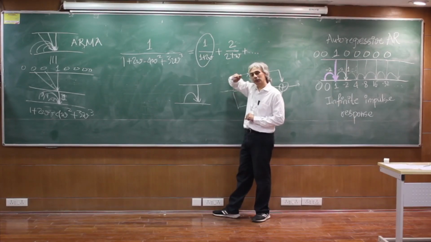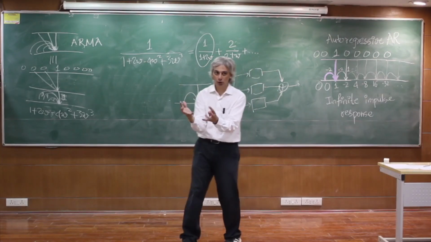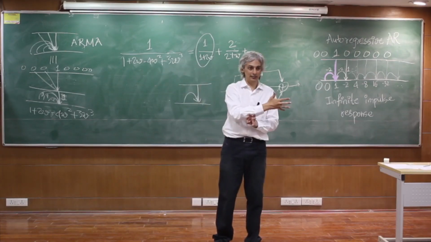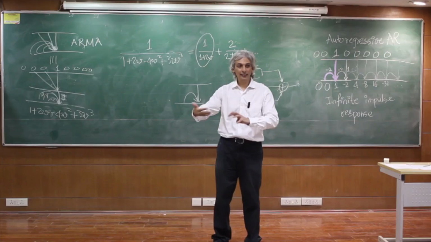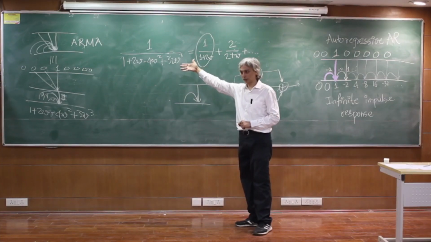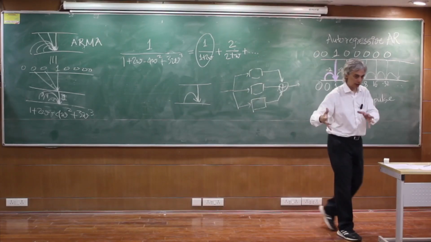And that becomes the basis of many estimation algorithms. If you want to estimate something as an autoregressive function, you actually estimate it as a sum of geometric series and then go the reverse, and then you get an autoregressive system as an estimate of a real world system.